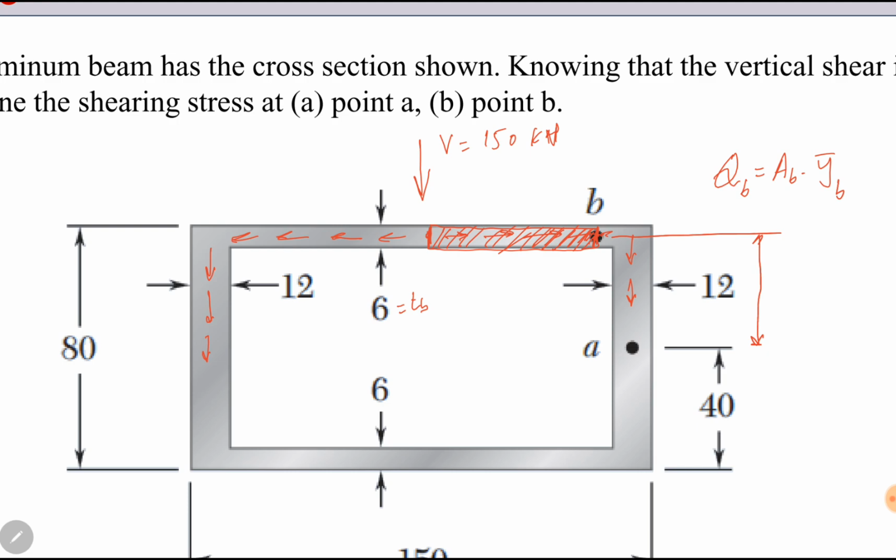And for point A, when shear flow starts from this point, it will cover this whole area, and then reach point A. So it consists of two areas, A_B plus this area, A_A.